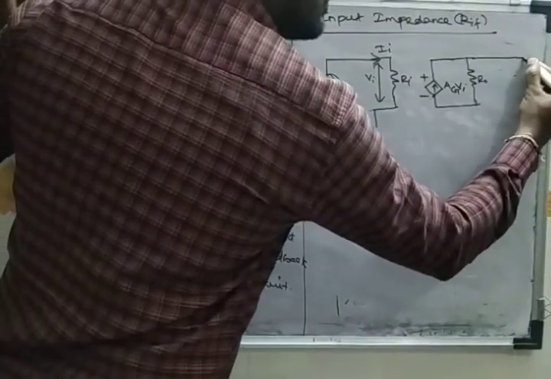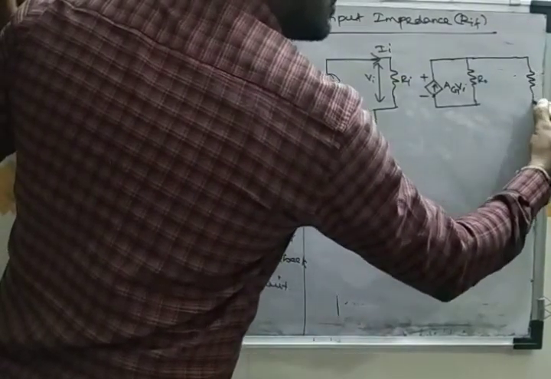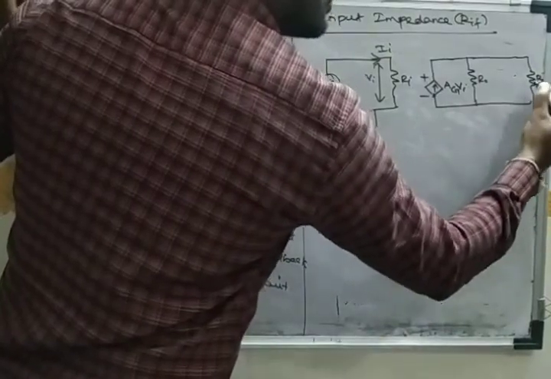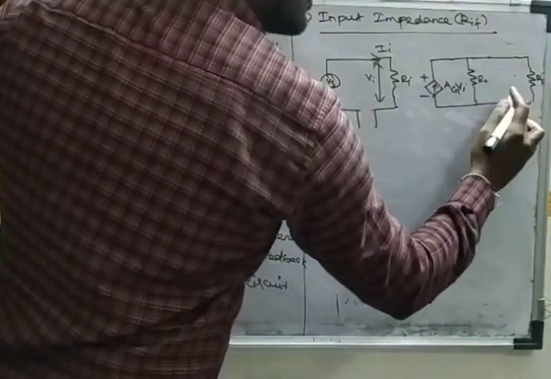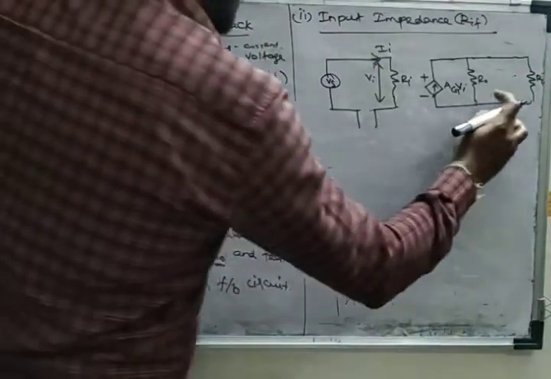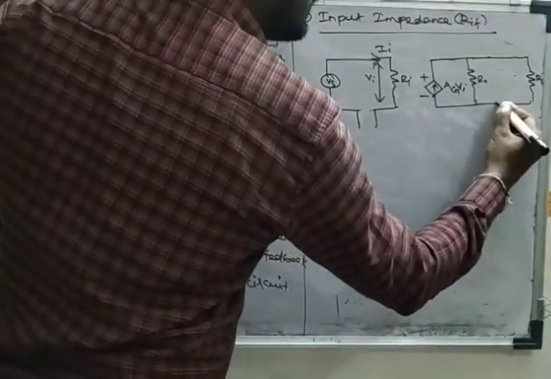Next you have RL, and we are taking current output here.